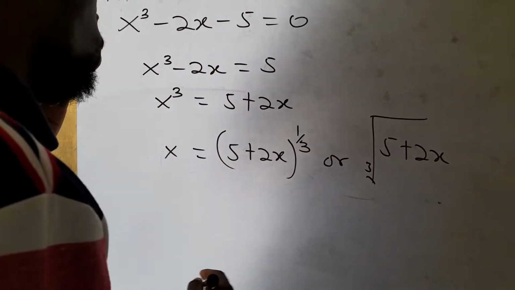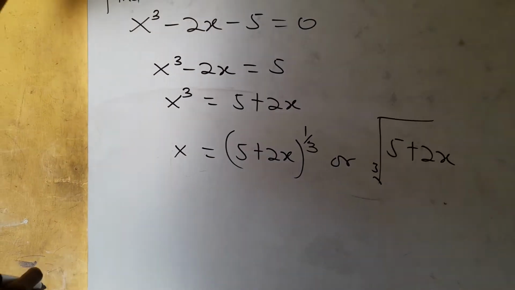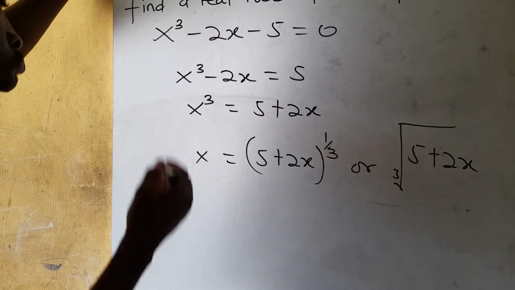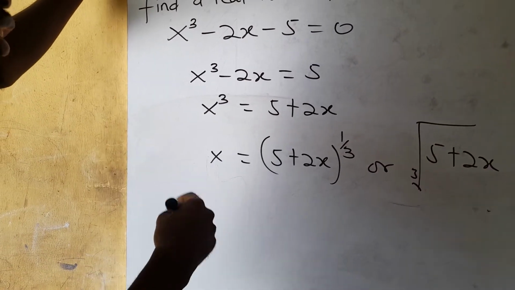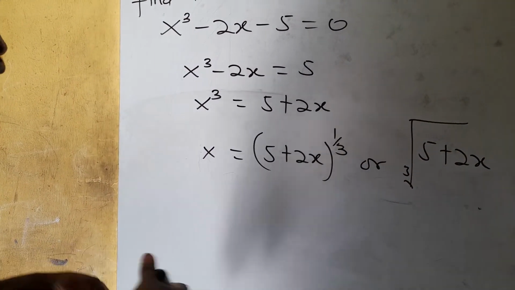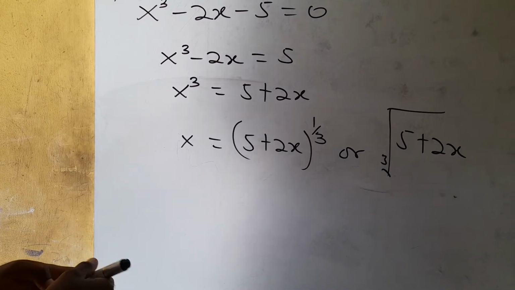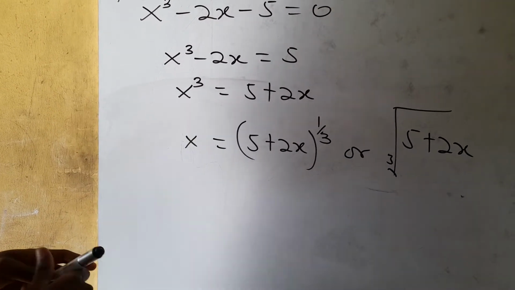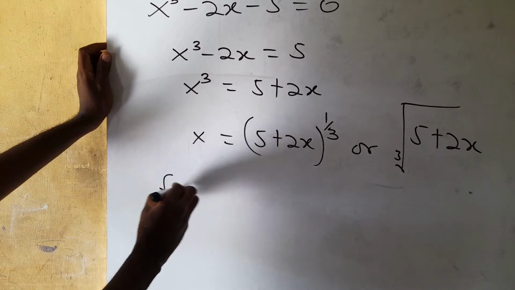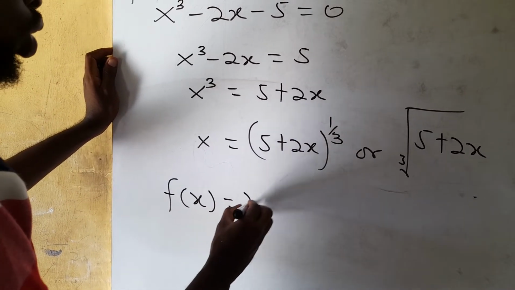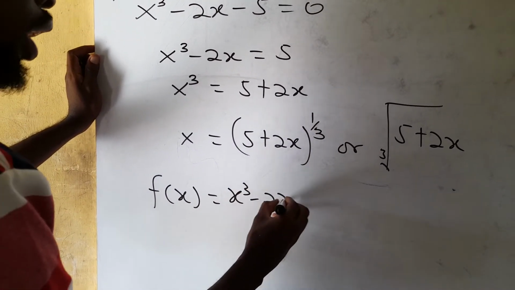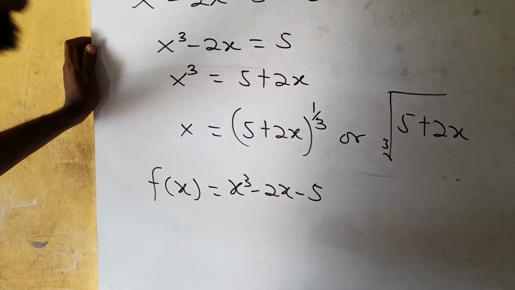Now we need x naught to start the approximation. How do we get the x naught? We find the interval within which at least a root exists using the location theorem. Remember, our f of x is equal to x cubed minus 2x minus 5.